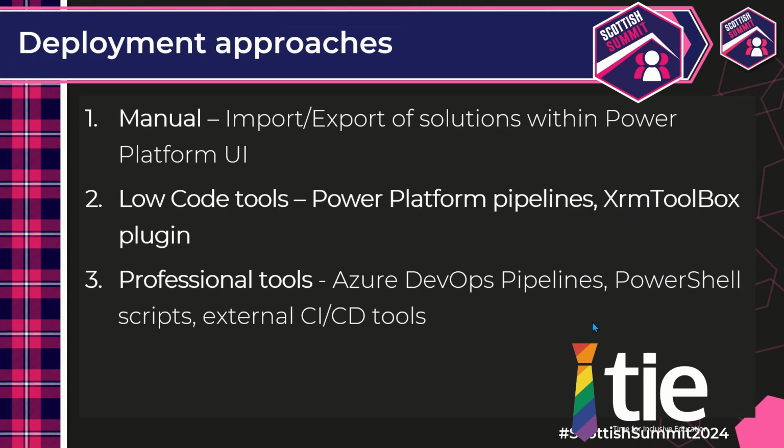Alternatively, we can use PowerShell CLI scripts to run deployments whenever there are complex or large data sets to move across with the solution components, and this really does the job.